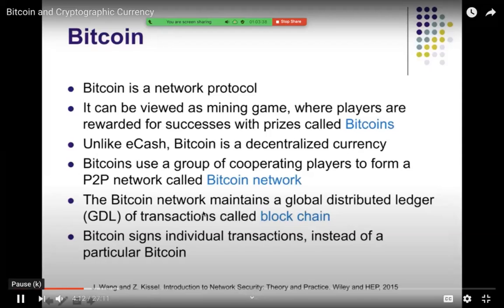And this global distributed ledger of transactions is called a blockchain. So that's what a blockchain really is. And Bitcoin signs individual transactions instead of a particular Bitcoin, because we know that a Bitcoin is simply a prize to a player who is successful on certain tasks. So the signature is really on transactions, not on the awards.